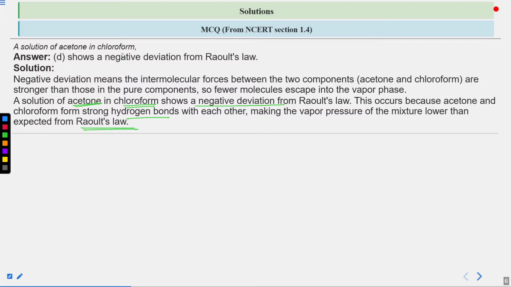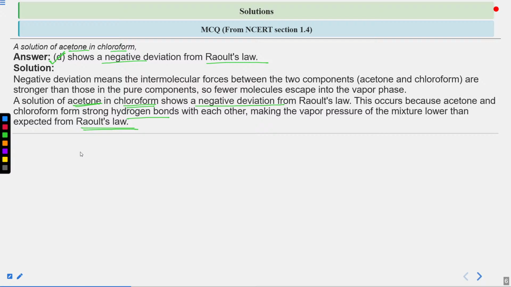That means fewer molecules will escape into the vapor phase, which makes the vapor pressure of the mixture lower than we expected from Raoult's law. So that is the whole reason, and the correct answer is option D, which says that the solution of acetone in chloroform shows negative deviation from Raoult's law. Hence the correct answer is option D.